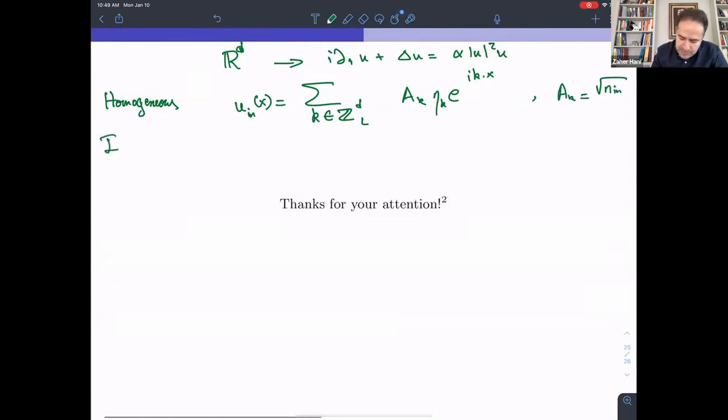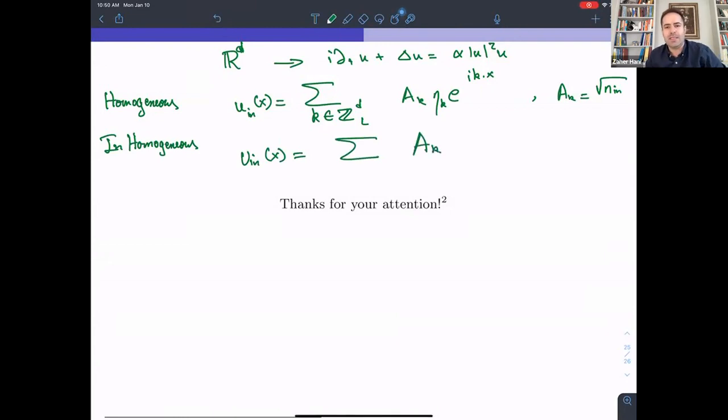In the inhomogeneous setting, we take the initial datum and introduce another scale: we allow A_k to depend on x, through another scale epsilon. So we sum over k in Z^d_L of A_k(epsilon x).